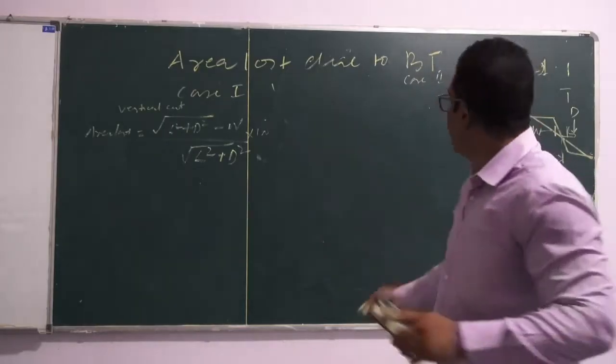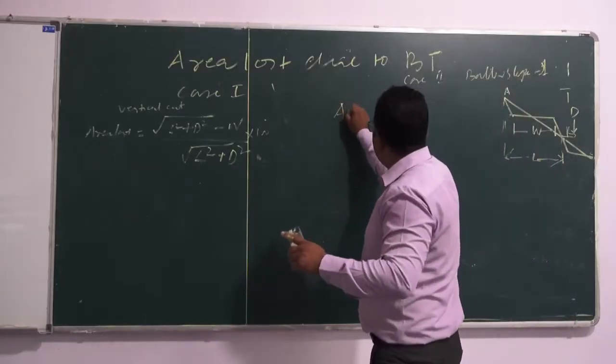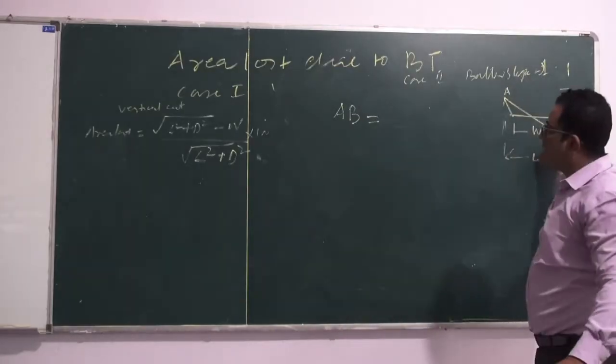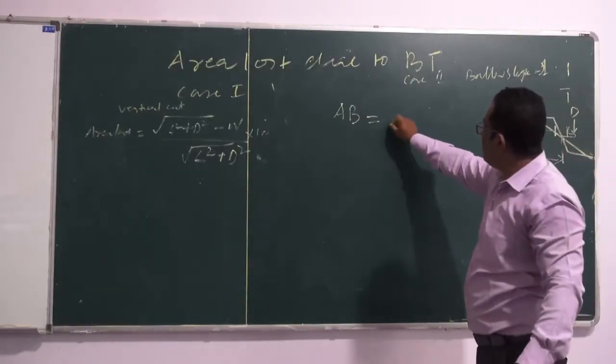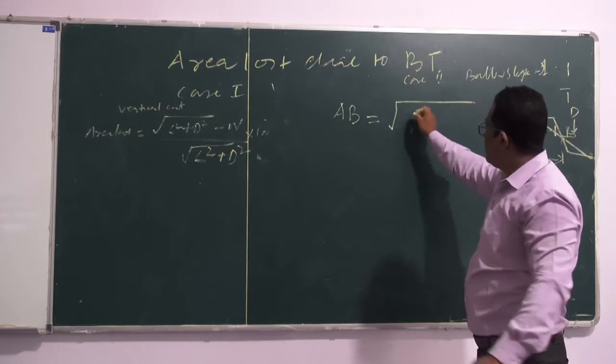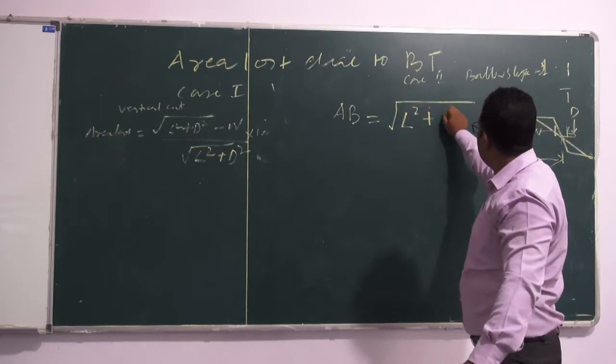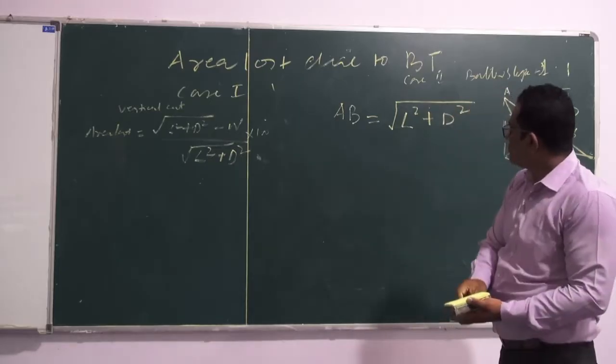the depth of the terrace, we have to express this in terms of AB, the length, the original inclined land AB in terms of length of terrace and depth of terrace will be square root of L square plus D square.